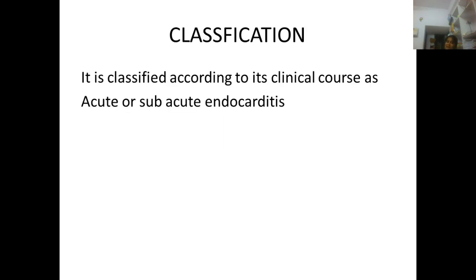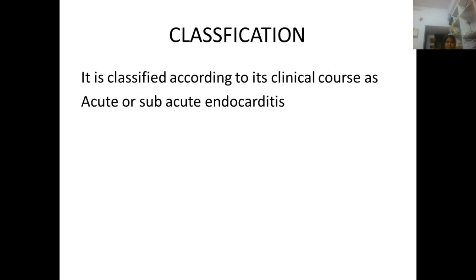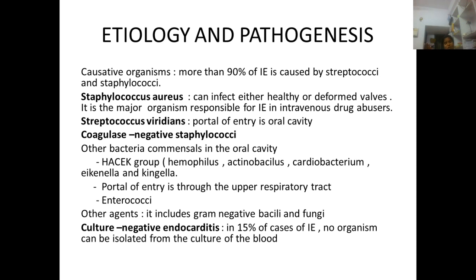It is classified according to the clinical course as acute and subacute endocarditis. Acute means sudden. Now etiology and pathogenesis: causative organisms. More than 90% of infective endocarditis is caused by streptococcal and staphylococcal organisms.